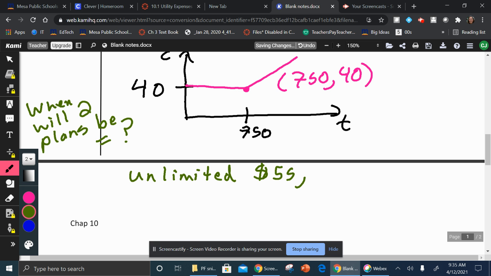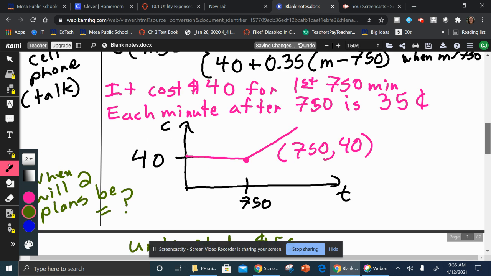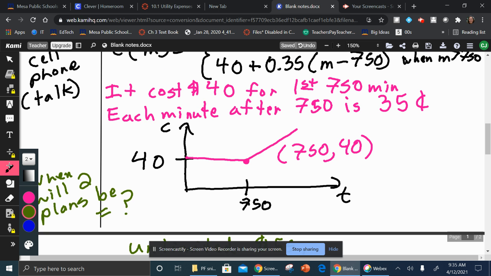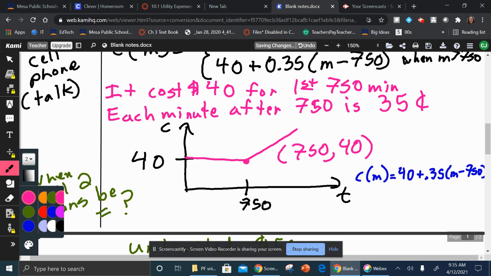So we're going to go ahead and solve, okay? So I'm going to take my cost per minute, the 35 cents per minute minus 750. Okay, everybody, so I'm going to distribute.